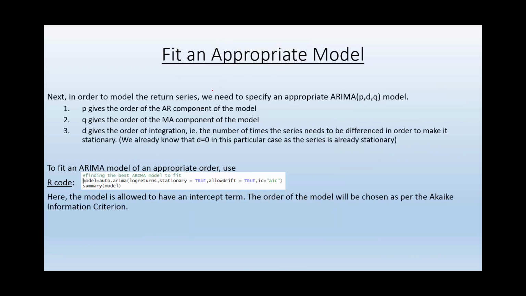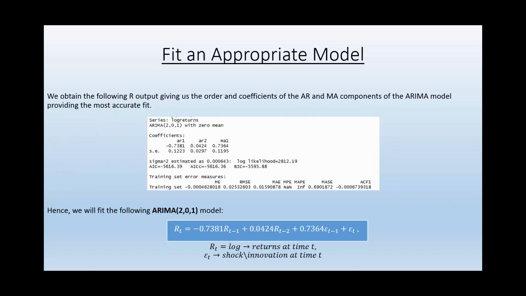So fit an appropriate model. Just fit p, d, q, which is the AR, integrated and MA terms, and see which ARIMA model is actually fitting. So when you do that, all right, we just look at the ACF and PACF, but don't take them very seriously.